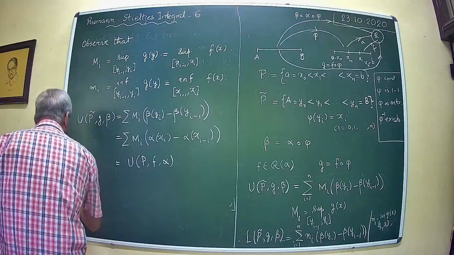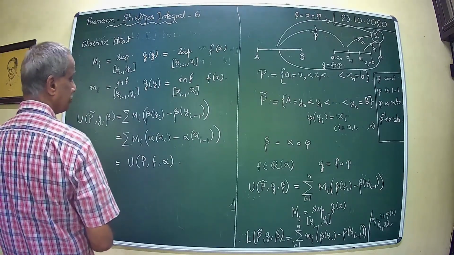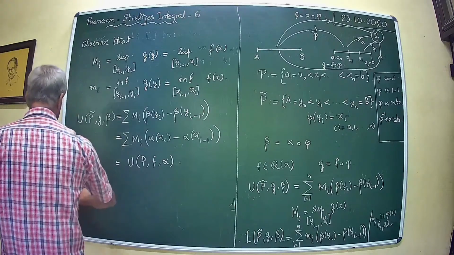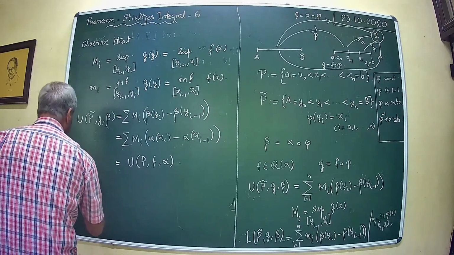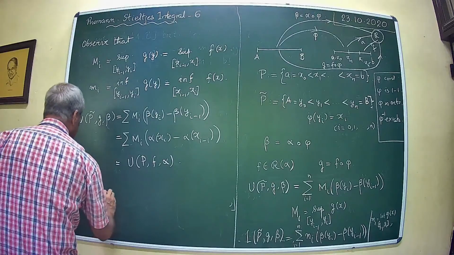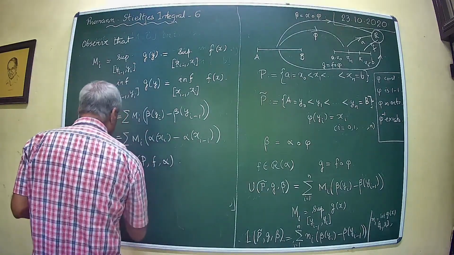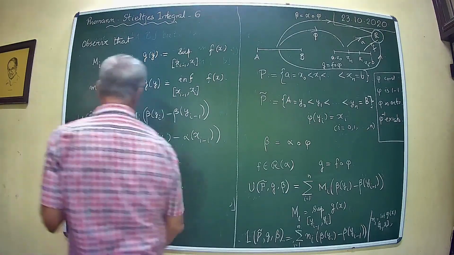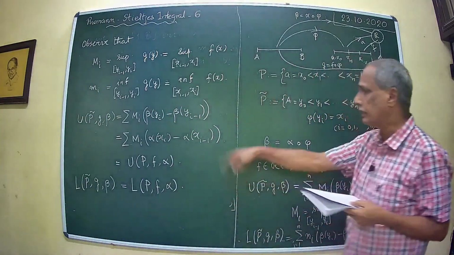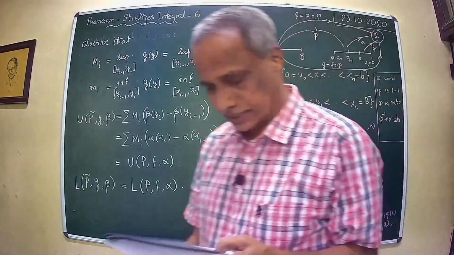Similarly, L of P tilde, G, beta is in the same way equal to L of P, f, alpha. So these are the two crucial equalities that you use here.